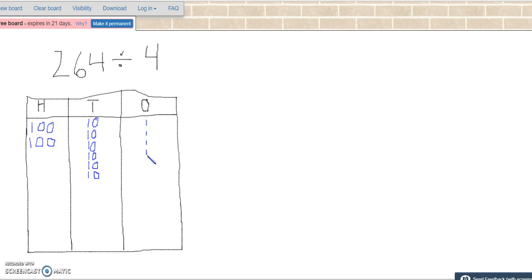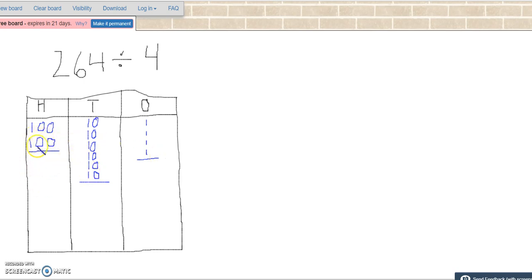Okay, now before I move into taking these amounts and dividing them into my 4 groups, I'm going to go ahead and place a line underneath these amounts. And why is that? Because we know that there could be times when we will regroup.